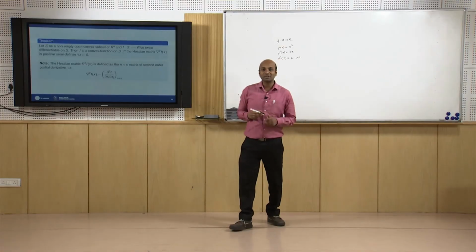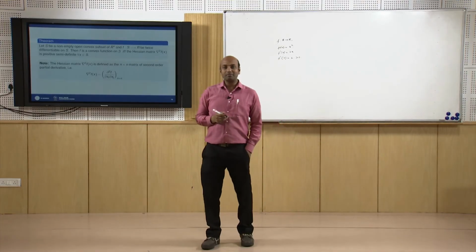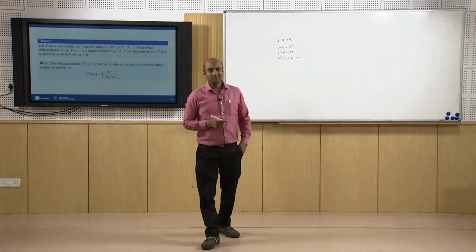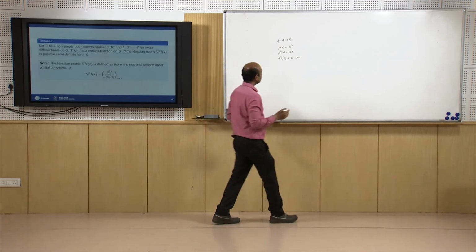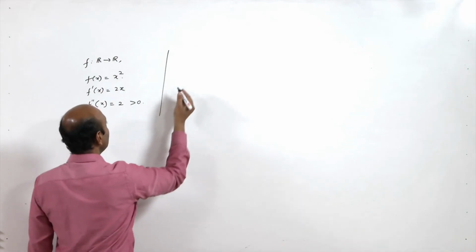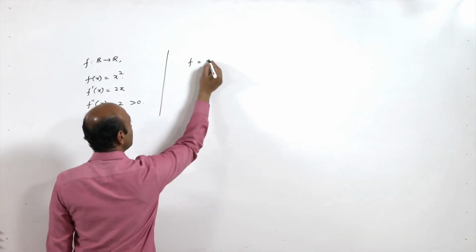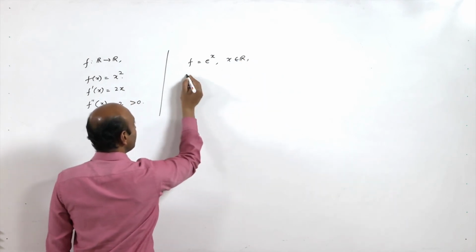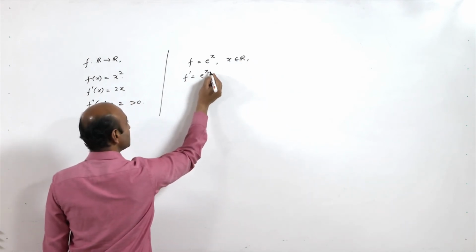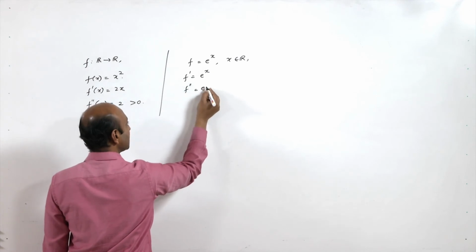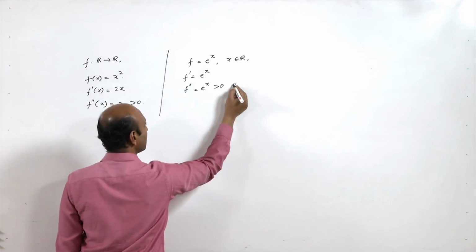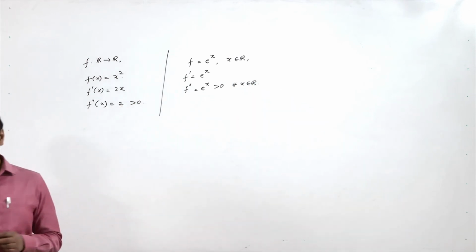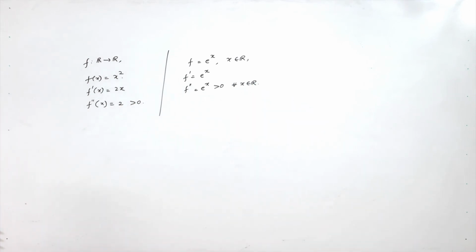That means it is positive semi definite, and that means the function is convex. Now, similarly, take f equal to, suppose, e raised to power x, x belongs to R. The first derivative is e raised to power x, and the second derivative is again e raised to power x, which is strictly greater than 0 for all x in R. So, that means this function is a convex function.